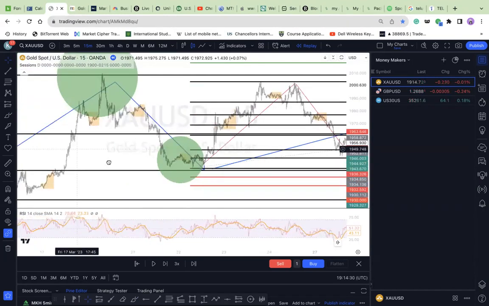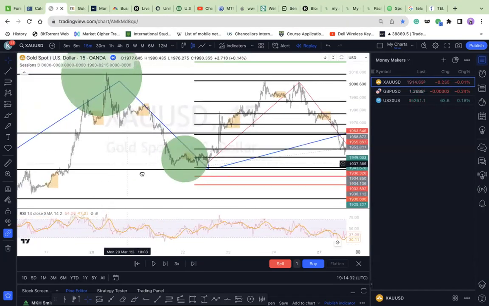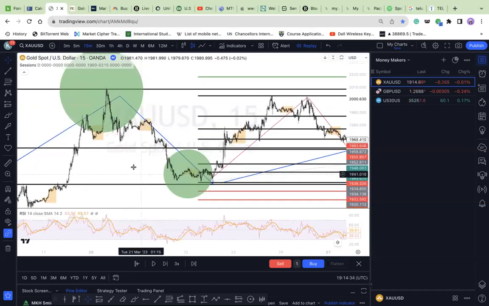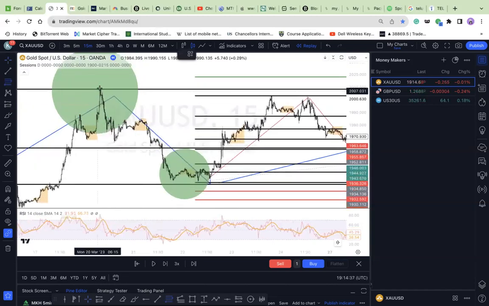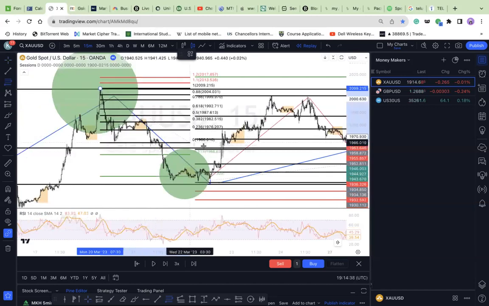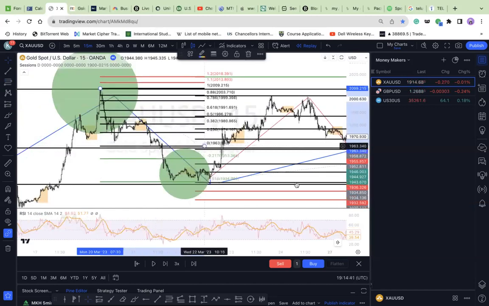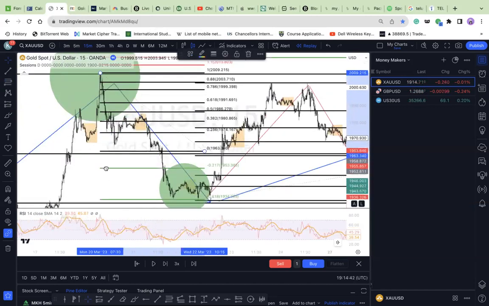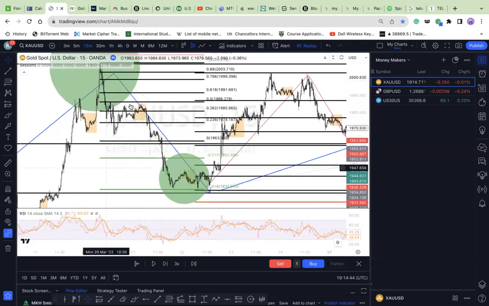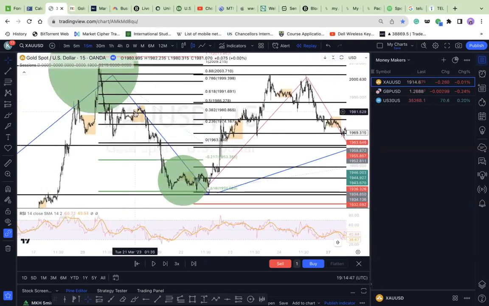Okay. So first of all, we have a fib from here to here. Let me explain it from this side. And we know that once our fib ends, we should expect a reversal. So immediately this fib we drew ended.